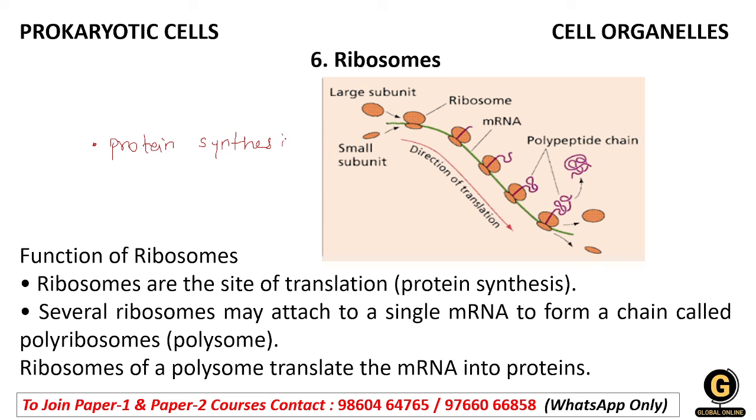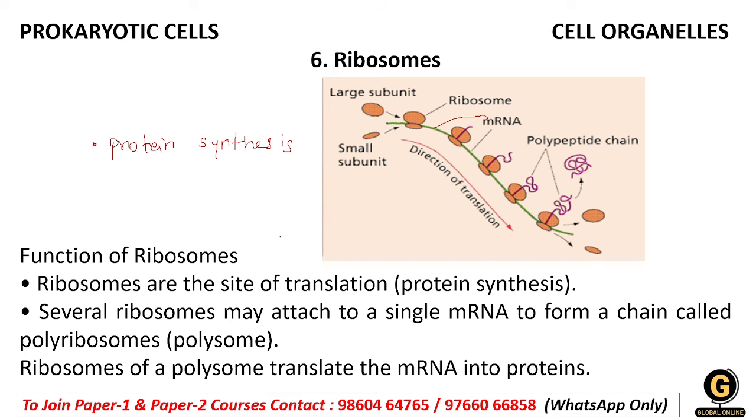Now this is a PYQ question, students: several ribosomes may attach to a single mRNA. What happens when many ribosomes are attached to the mRNA? This is called a polyribosome. You can see in this diagram, this is the mRNA, and many ribosomes are attached to it.